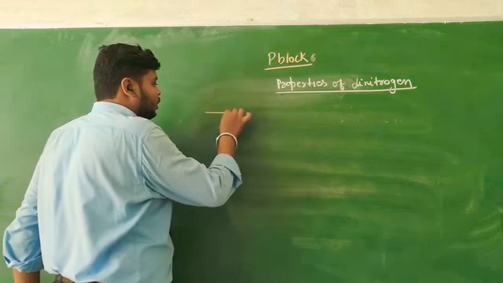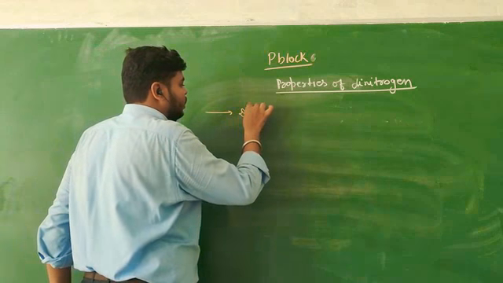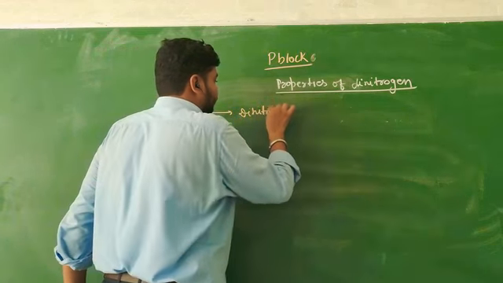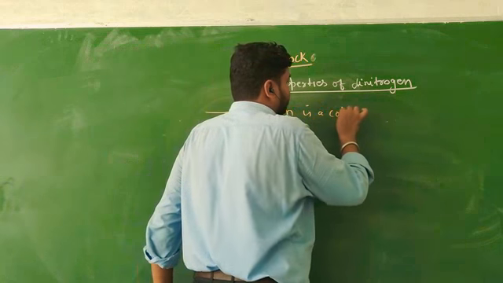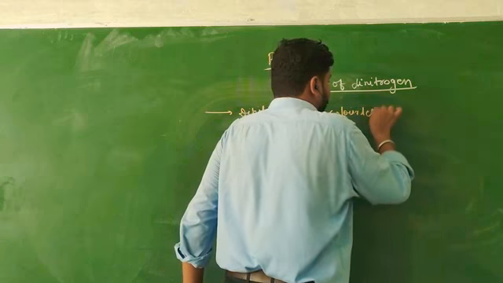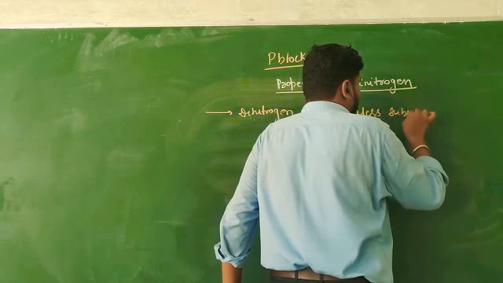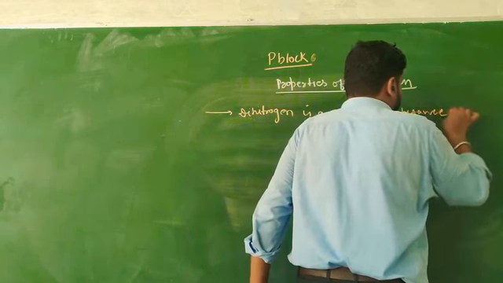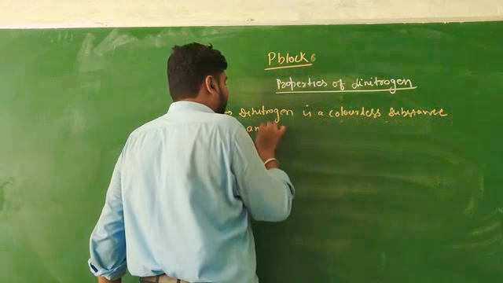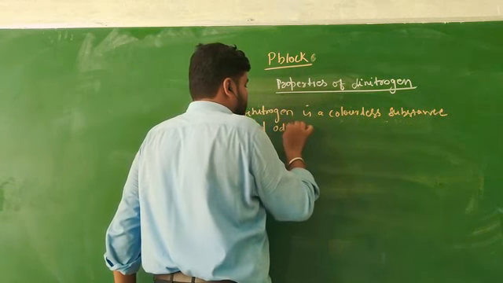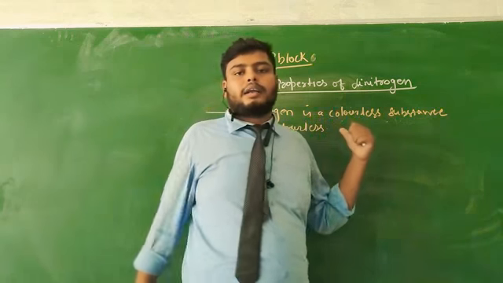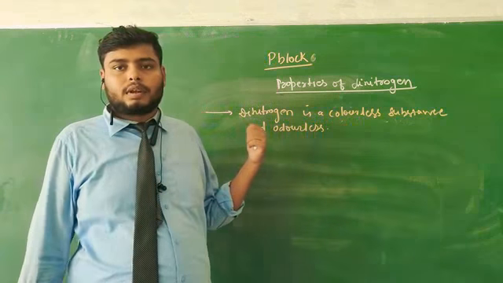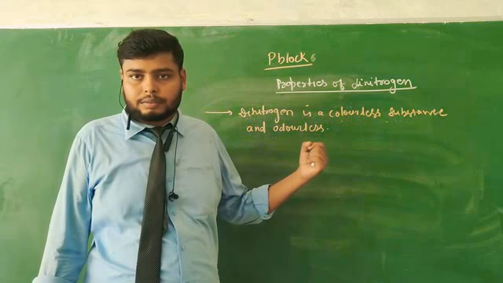Generally, dinitrogen is a colorless and odorless substance. N2 has no color and also no odor.